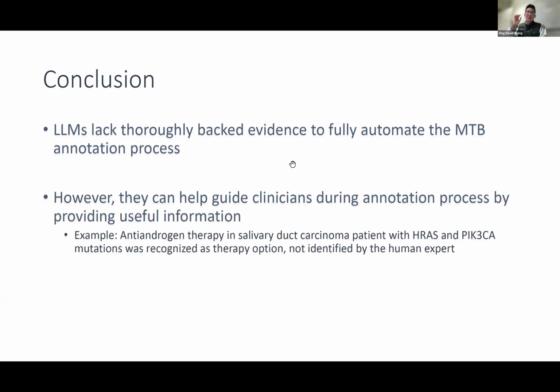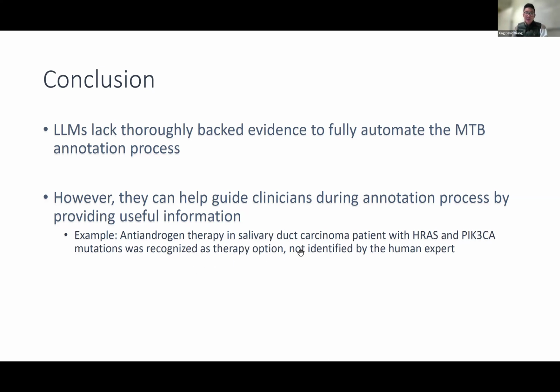But for the first question, we can provide a yes. Large language models like ChatGPT can help guide clinicians during the annotation process. There were some examples where ChatGPT or the other models provided therapy options which the human expert didn't find.